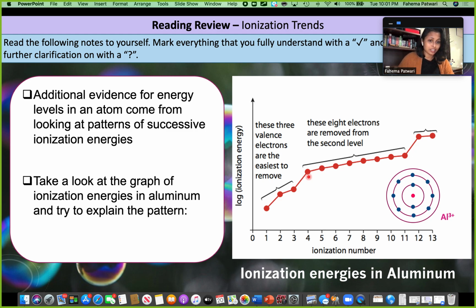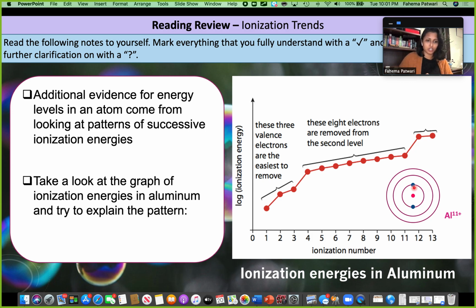Right, so these next electrons are removed from the second level. So as you keep going, you need more and more energy to remove these successive electrons and continue ionizing aluminum. Now, once these 8 electrons have been removed, we see a significant jump again. Why? Because now to remove any further electrons, you have to move them from the first energy level, right?